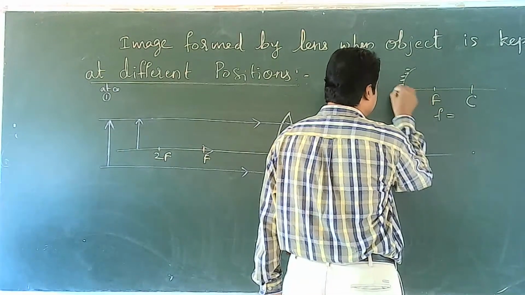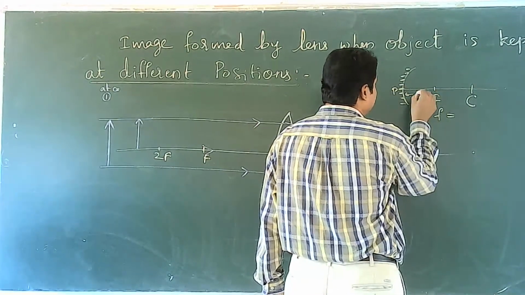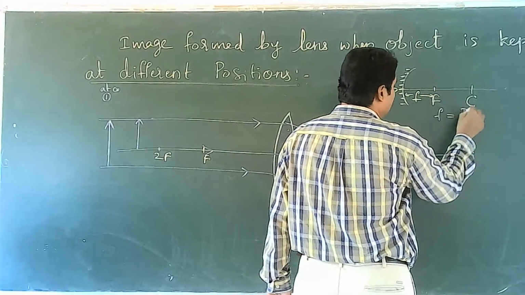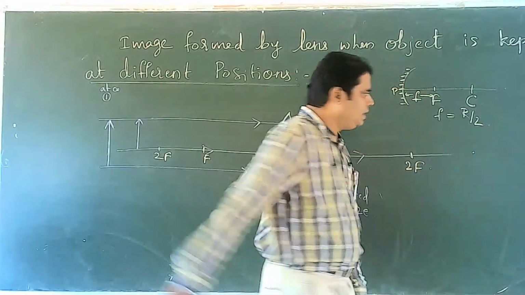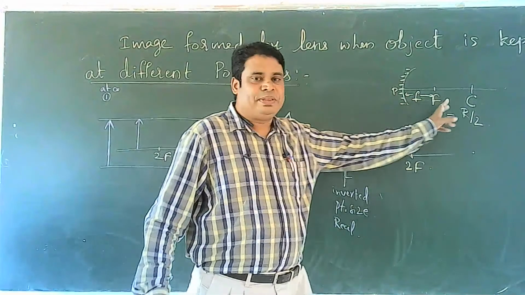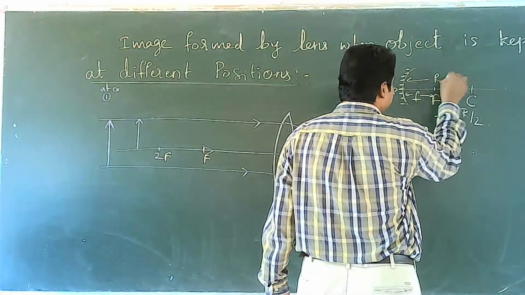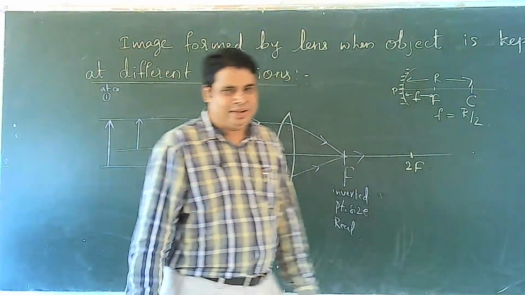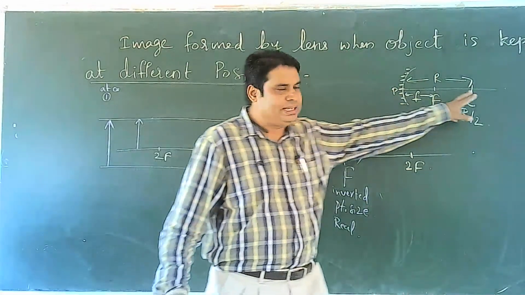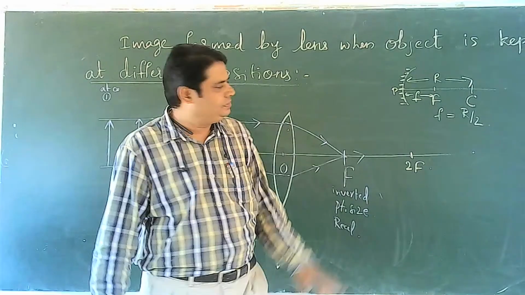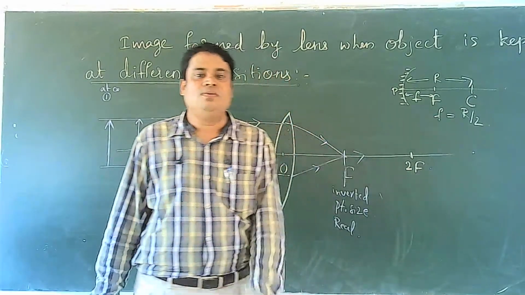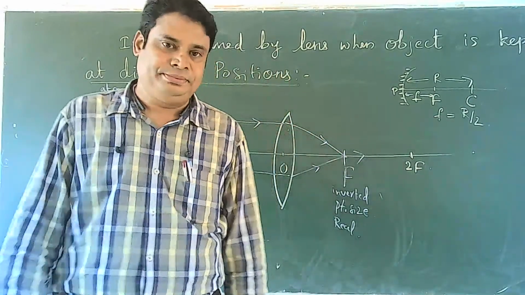This focal length, this distance, this is pole, this is small f: f is equal to R by 2, where focal length is exactly half of the radius of curvature. Distance from P to C is called radius of curvature. This relation holds good for mirrors.